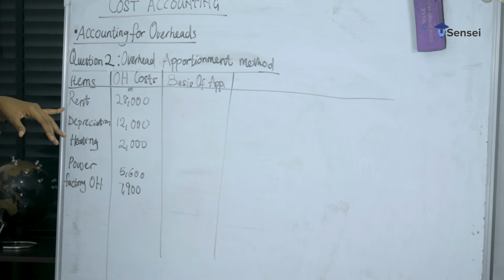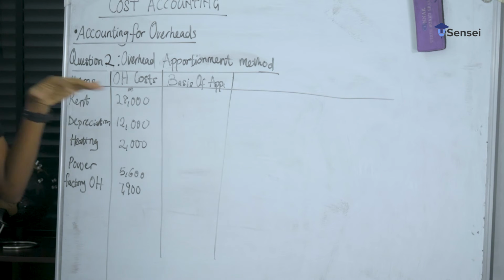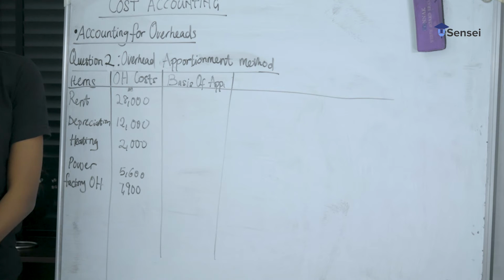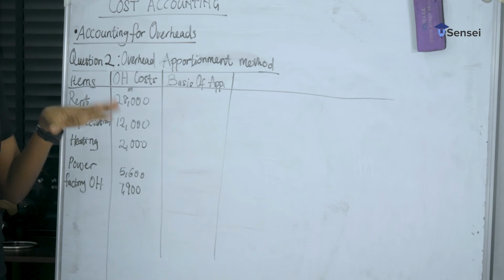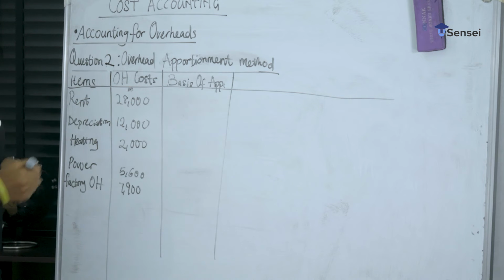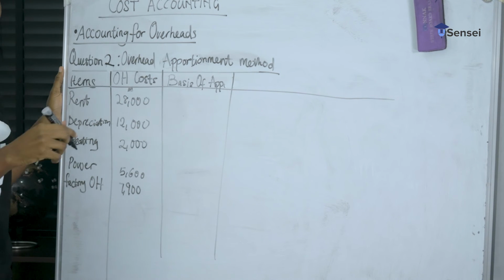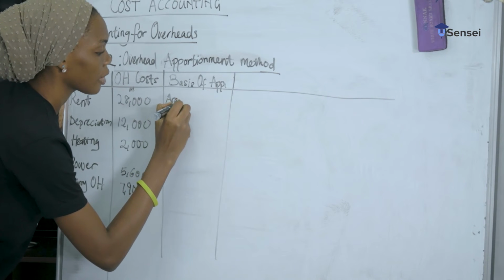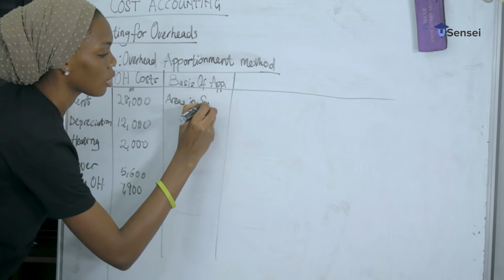So under rent, it was stated that the possible basis of apportionment for rent should be the floor space area used by each of the departments. In this question, we are given the area in square meters. That means the floor space area occupied by each of the departments. So the basis of apportionment for rent will be the area in square meters.